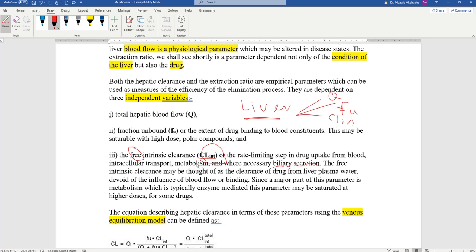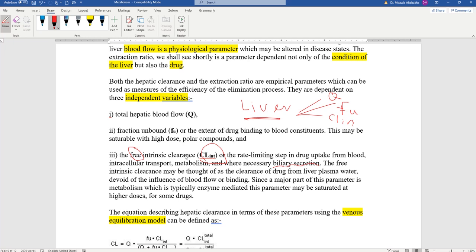Another way to represent this idea is I want you to think about cars or buses waiting for you in the university to take you to your homes. Now your clearance, I mean to remove you from the university to outside, depends on what?